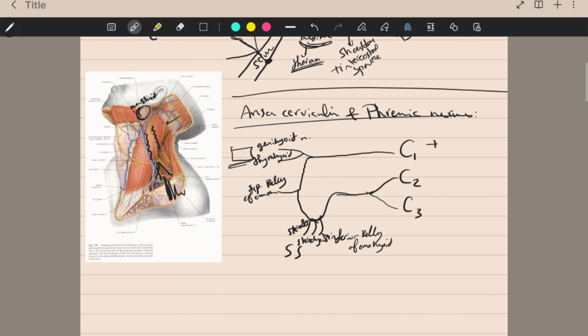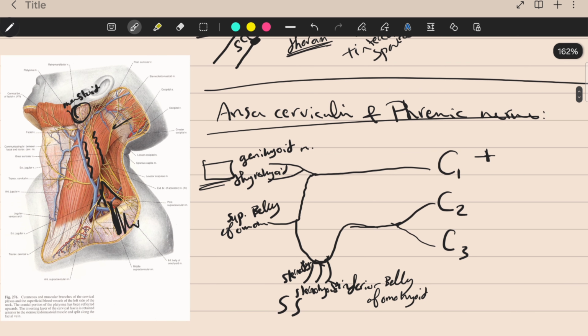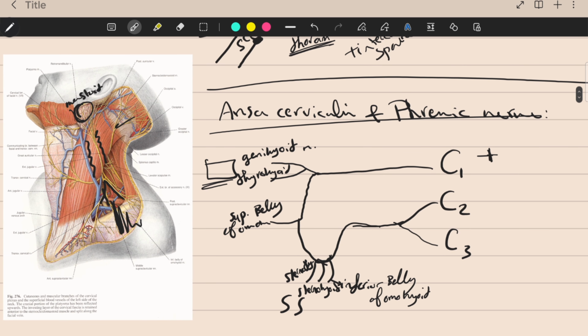The ansa cervicalis is combined at the anterior surface of the carotid sheath.